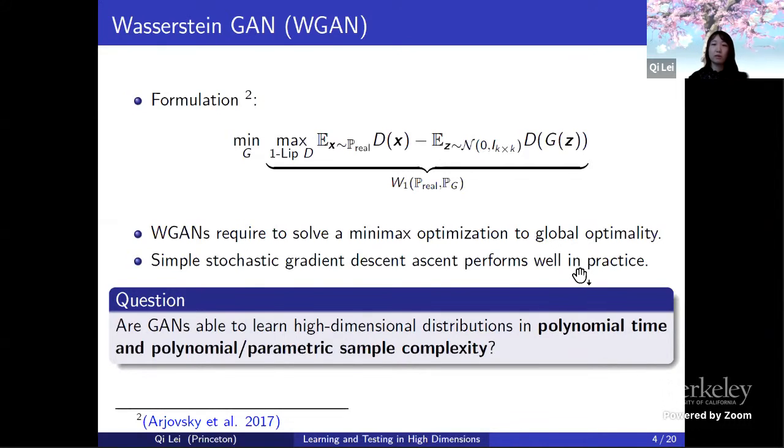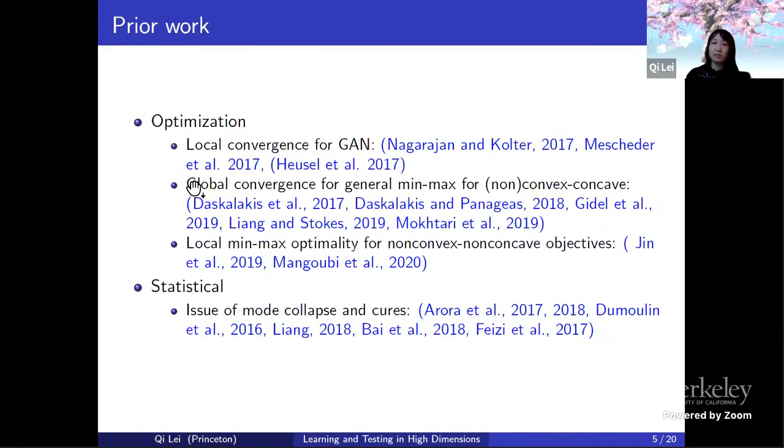And in this work, we are trying to answer these questions with a very simple setting as a starting point. But first, let me review some prior work. The prior work usually looks at the optimization and the statistical side of GANs separately. On the optimization side, people have proved that under some settings, they can show local convergence.